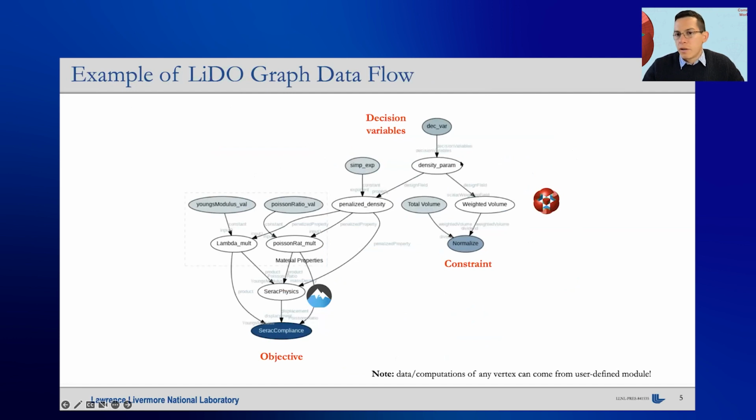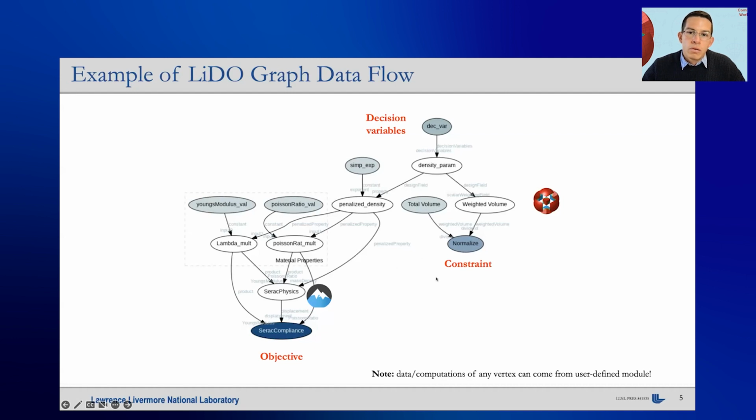So for a typical optimization problem, the benchmark compliance minimization with mass constraint, the starting point is the decision variables, right? And then we construct the graph here using LiDO, defining each one of these nodes and how they are connected with each other. And then we also define the objective and constraints, in this case compliance, and the constraint here is the mass.